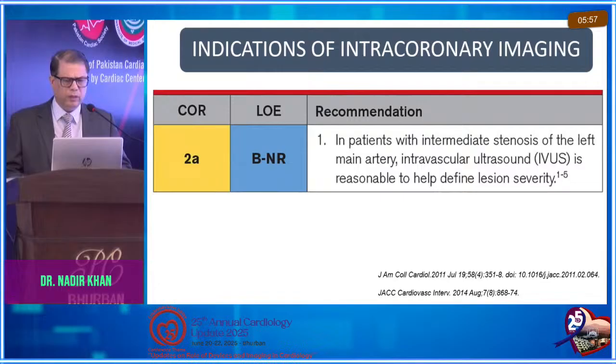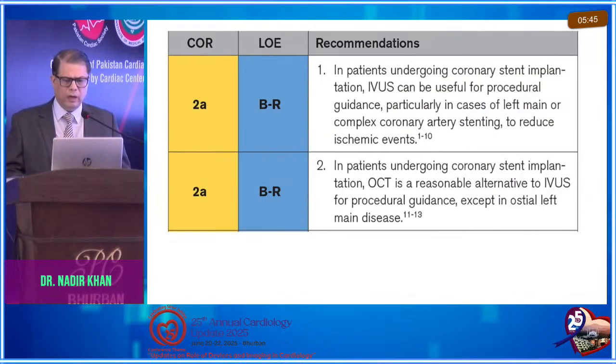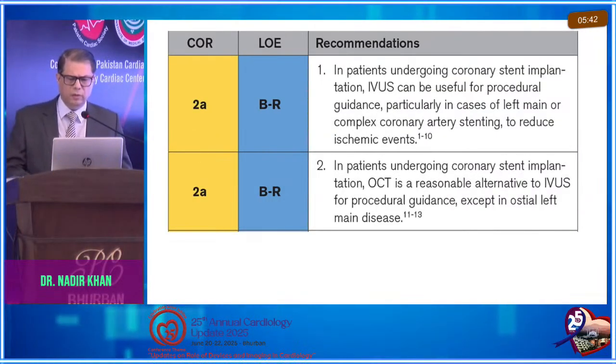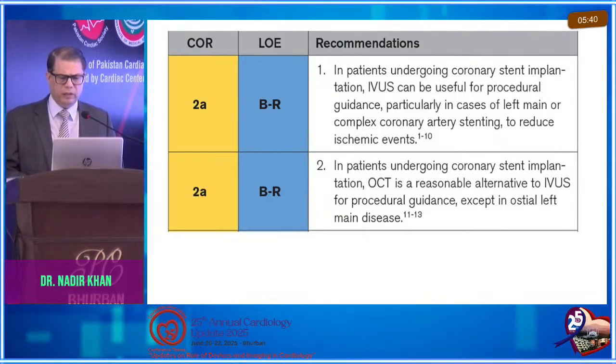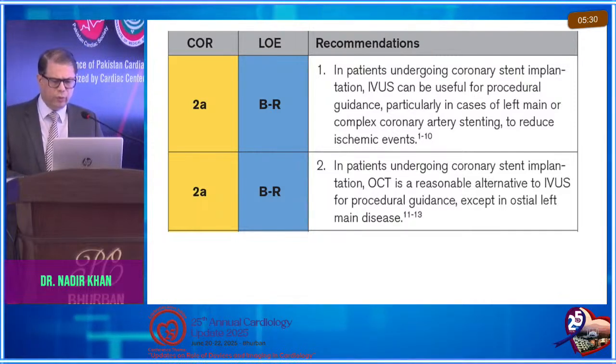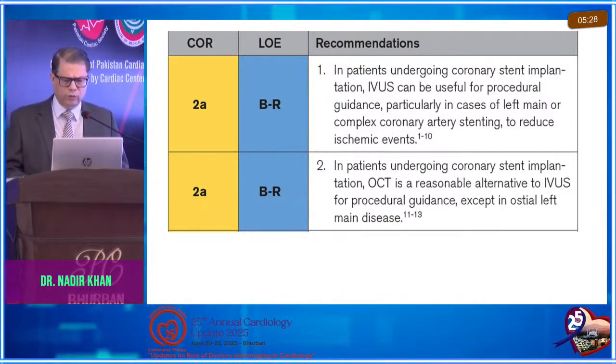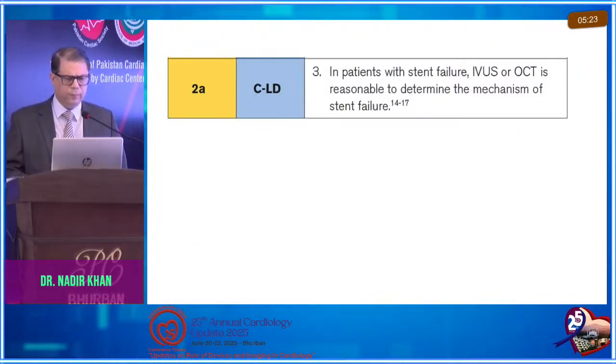The indications in coronary interventions are that in intermediate stenosis of the left main, IVUS is reasonable to help define the lesion severity. In patients undergoing stent implantation, particularly in cases of left main or complex coronary stenting, to reduce ischemic events, it's again 2A. In patients undergoing stenting, OCT is a reasonable alternative to IVUS for procedural guidance, again 2A.